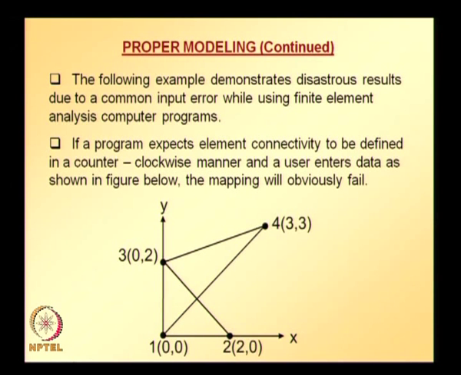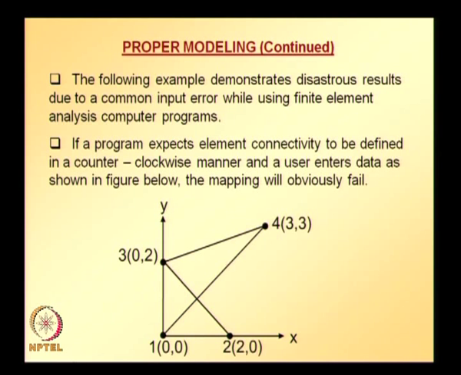To demonstrate that, an example is given here. Actually it is a 4 noded quadrilateral element, but taking in counterclockwise direction, the node numbering should be 1, 2 and after that 3, 4, but here if you see the node numbering is 1, 2 and 4 and 3 if we take in the counterclockwise direction.